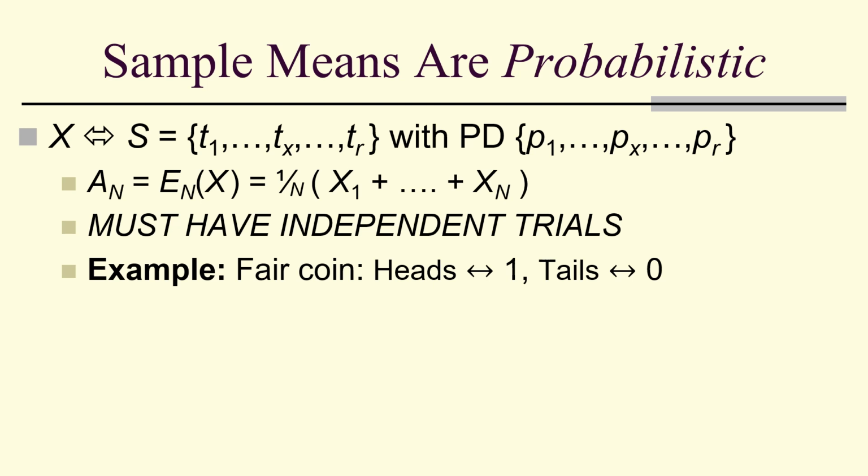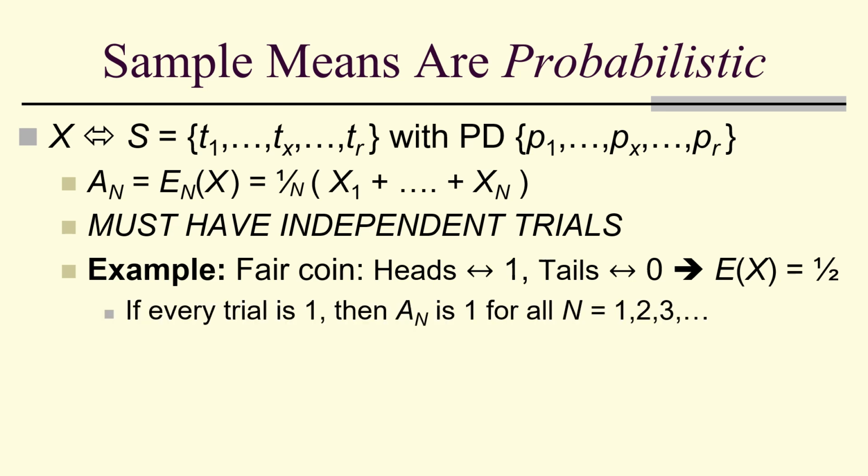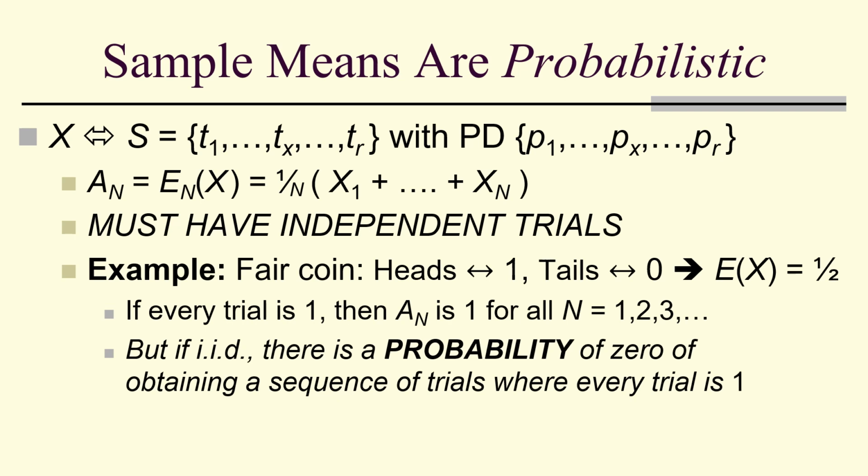For example, if we had a fair coin, heads is 1 and tails is 0, then the theoretical expected value would be a half. But what if every trial was 1? Then A_n would be 1 for all n. But if we have identically and independently distributed trials, then the probability of every trial being 1 is necessarily 0.